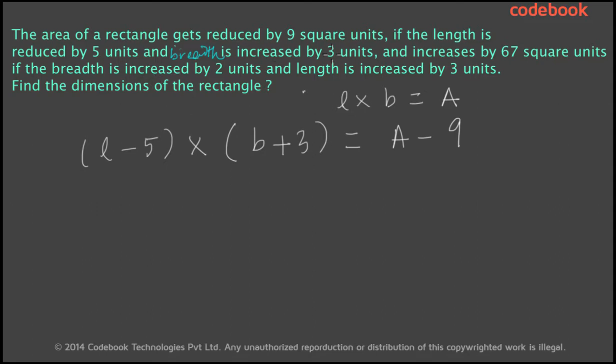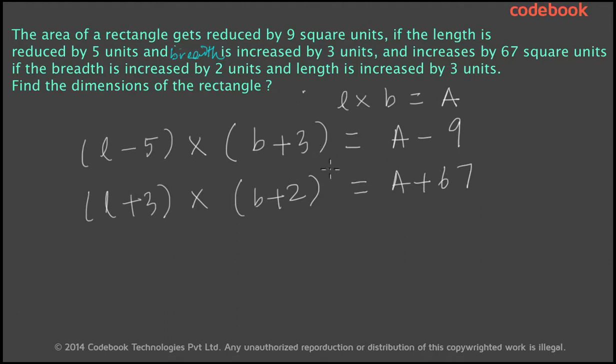In the second scenario, breadth is increased by 2 units, so B plus 2, and length is increased by 3 units, so L plus 3. In this case, the area is increased by 67 square units. So these are the two equations and we are required to calculate the length and breadth.